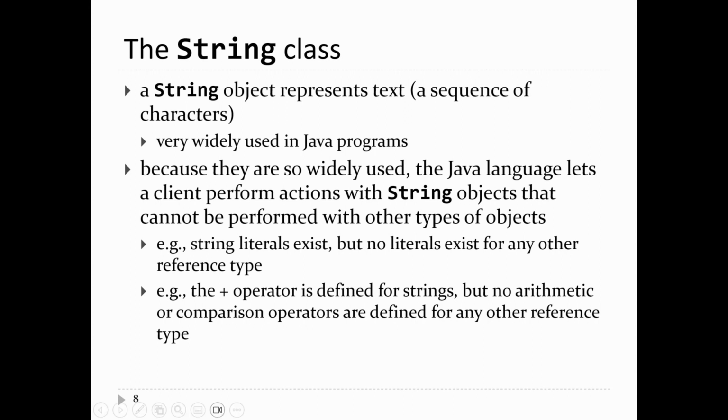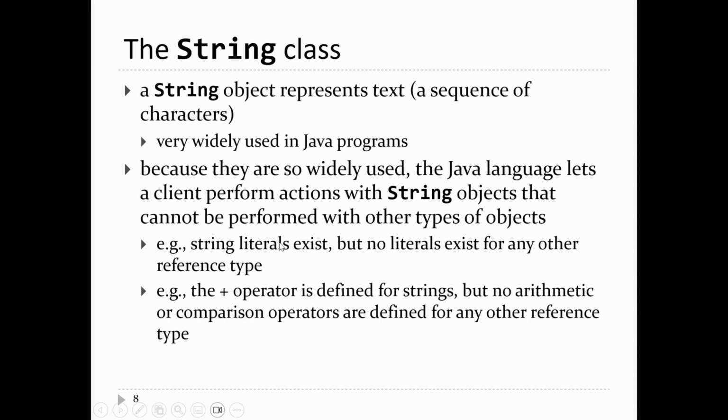For example, you've got these things called string literals, a sequence of characters inside double quotes. There are no literals for any other type of class in the language. There's no way for you to write down some sequence of text and call that an instance of a class.